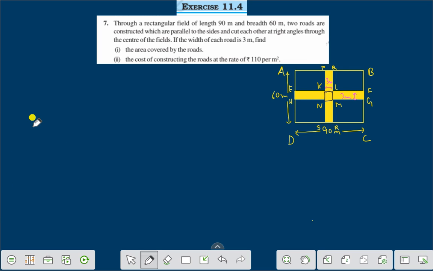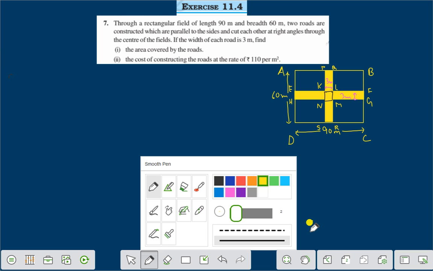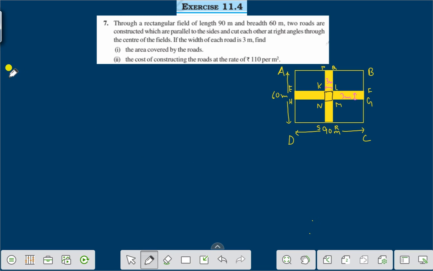That means what we have to find? The area of the roads is equal to the area of this rectangle, right?